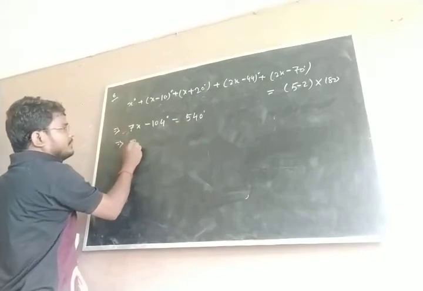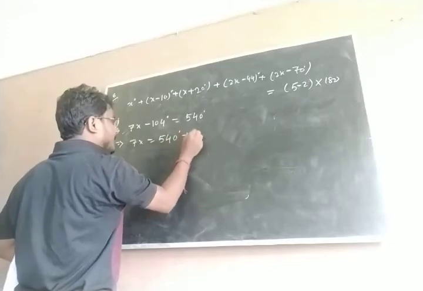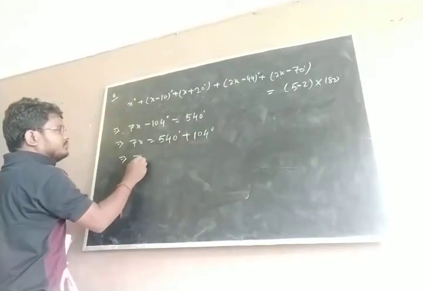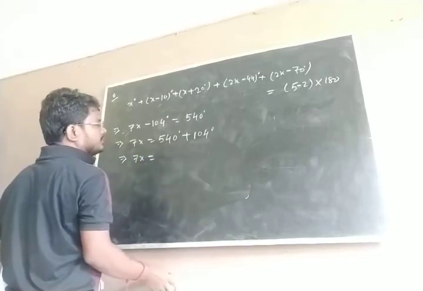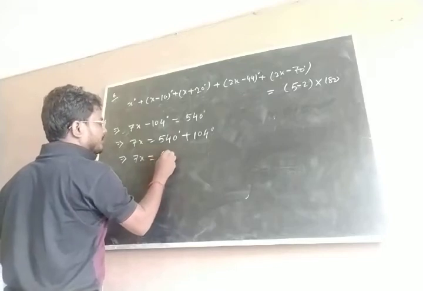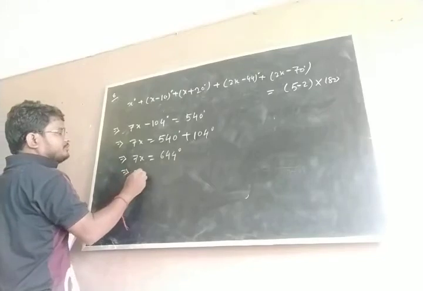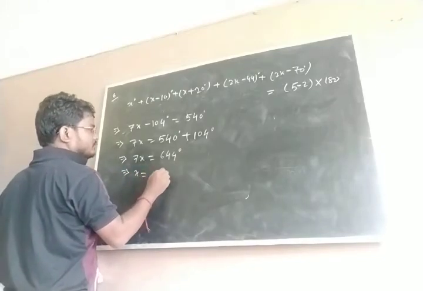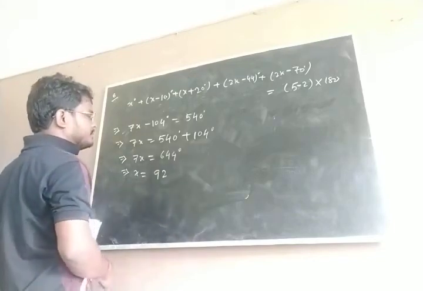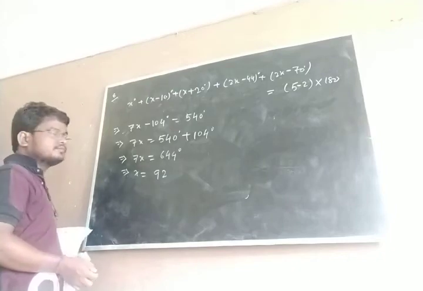Or 7x equals 540 plus 104. Or 7x equals, what is this? 644. Or x equals 92. Right, now? By 7? 92. Yes.